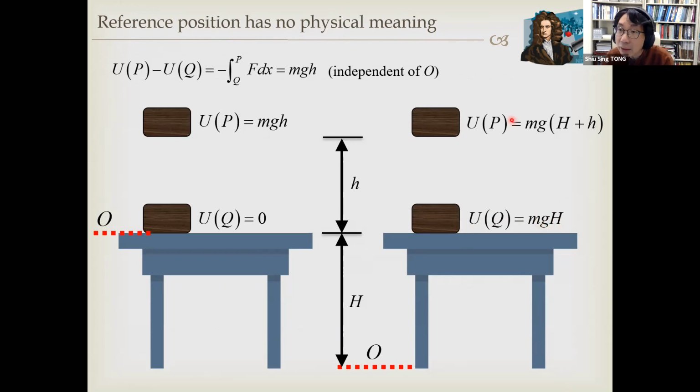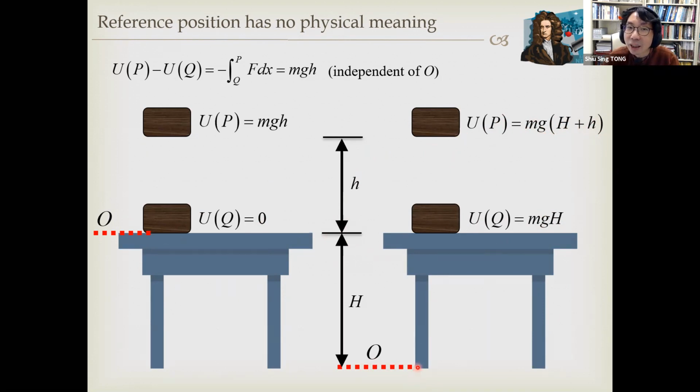And the potential energy at height h above the table will have a potential energy of mg(h plus H), because we are now measuring the potential energy with reference to the ground. Can you see that? So the values of the potential energy are different if you define the reference position to be different.